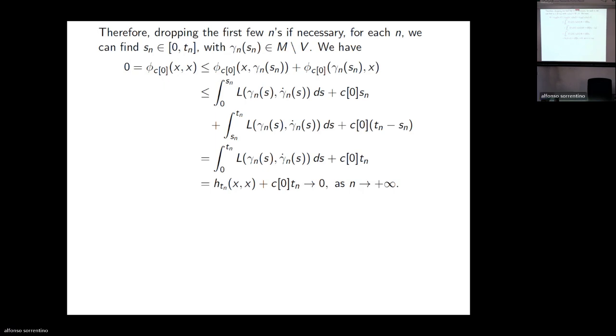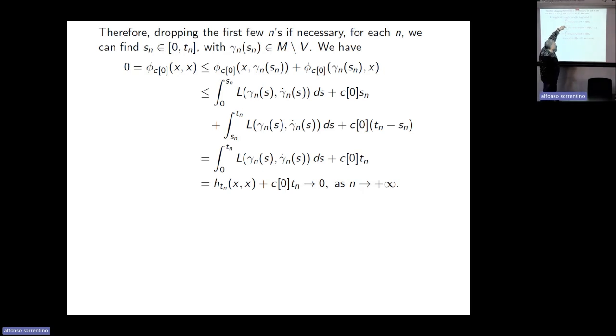We estimate phi C0 (x, x), okay, is less, by the triangular inequality, than phi C0 (x, gamma n(Sn)) plus phi C0 (gamma n(Sn), x). So this Mañé potential between the two points x and gamma n(Sn) is less than the action modified by C0 of a path joining them, which is the case of the path gamma n going from 0 to Sn. Okay, so I find the first inequality here.